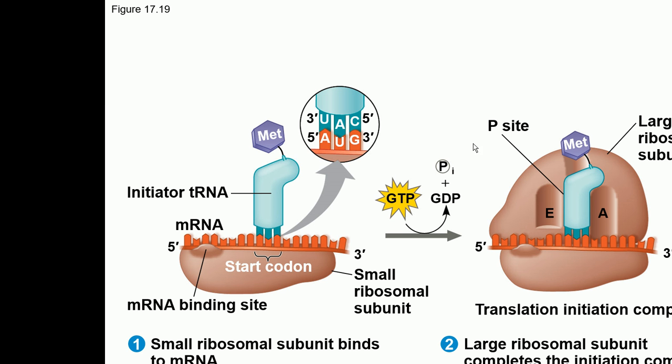That's why it's called the P site, because here will be a transfer RNA which will be having a growing chain of amino acids. The A site will have the new transfer RNA with the amino acid, and the E site is the place from where the uncharged transfer RNA will leave the ribosome.